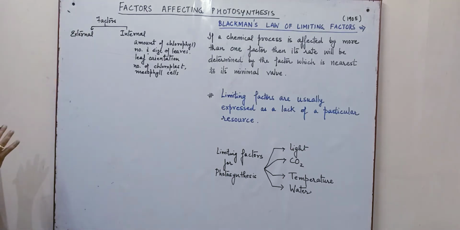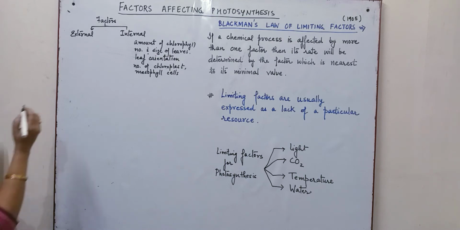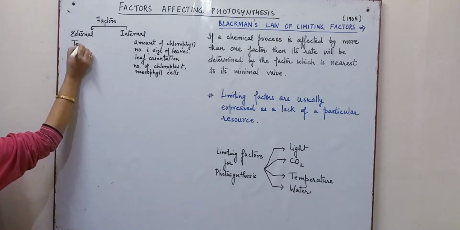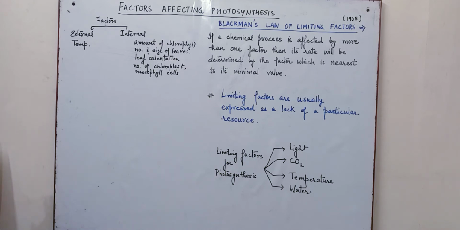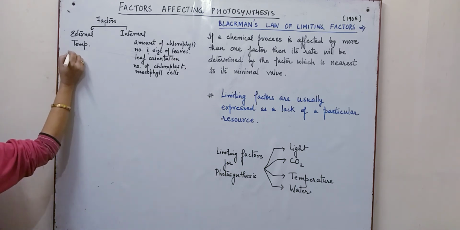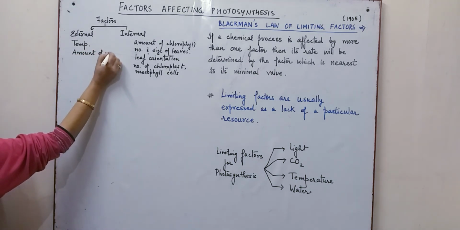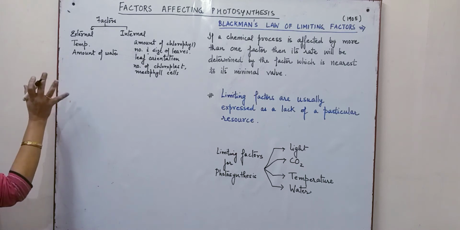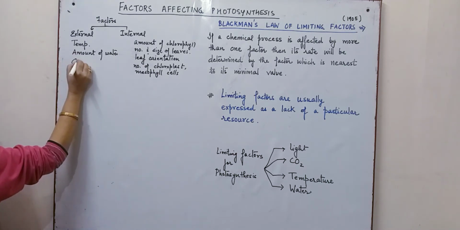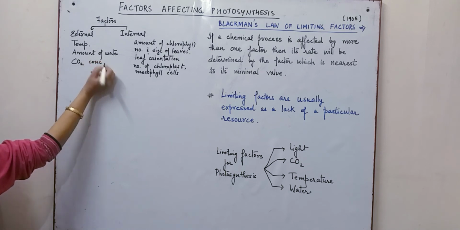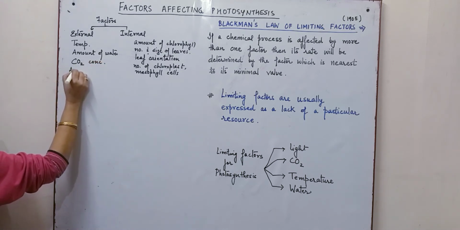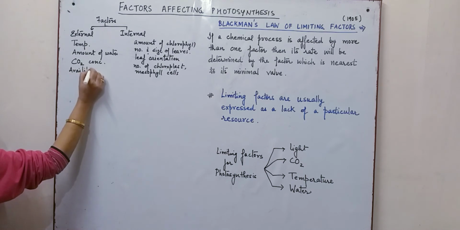Now, apart from these internal factors, there are certain external factors which also affect the rate of photosynthesis. The external factors are the temperature at which the plant is thriving, the amount of water, which again is a factor that affects the rate of photosynthesis, the CO2 concentration, carbon dioxide concentration, and the availability of sunlight.